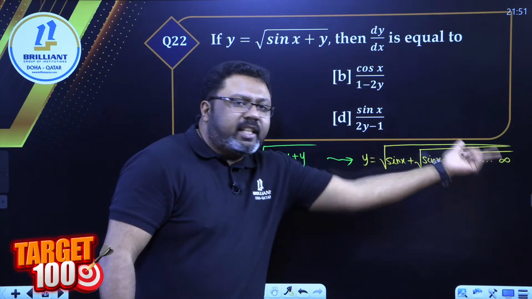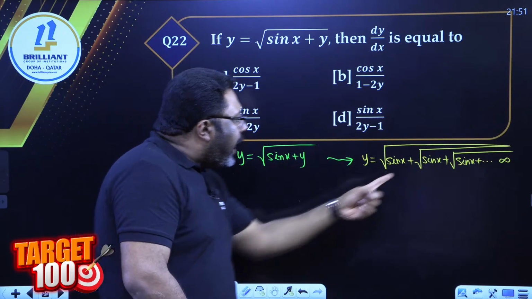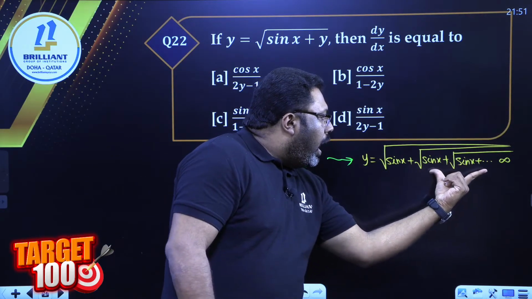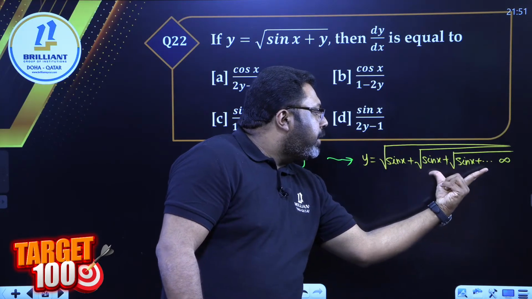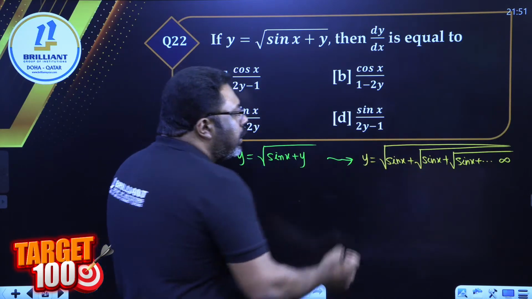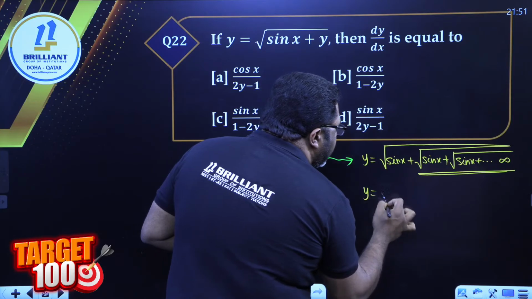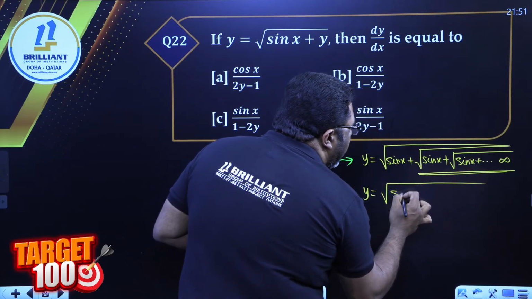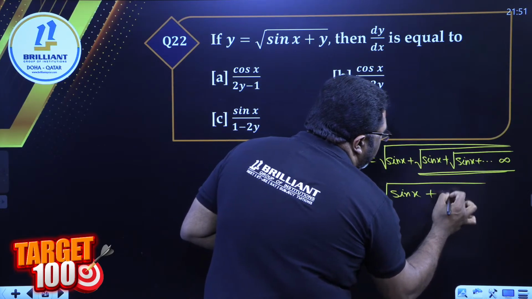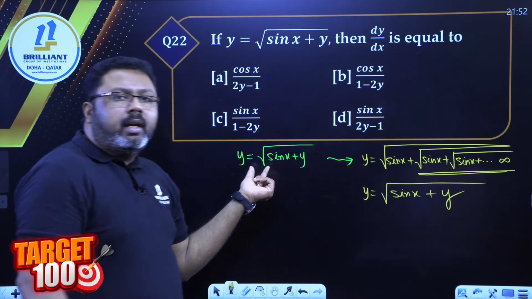So it's an infinite expression, with everything under the square root. But do you see that this whole thing after the first sin x, because it's going to infinity, can be called y? So I just wrote this expression like this. In the exam, if it comes in this form also, learn how to do it.